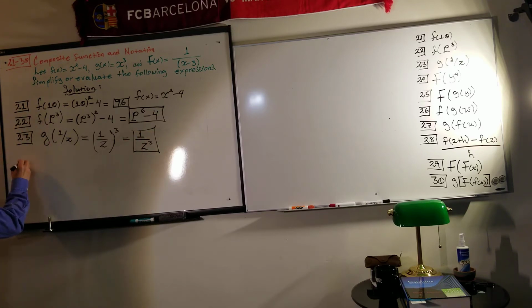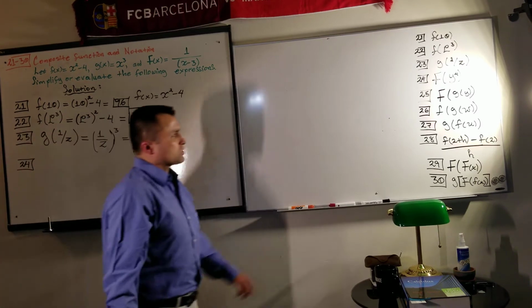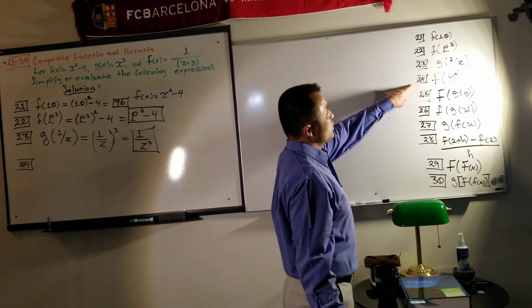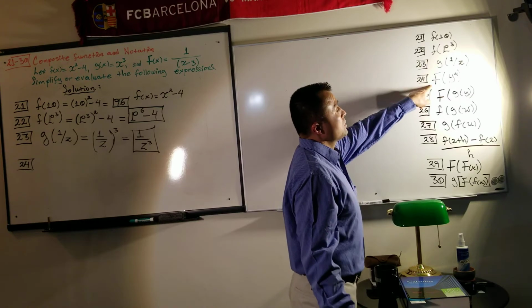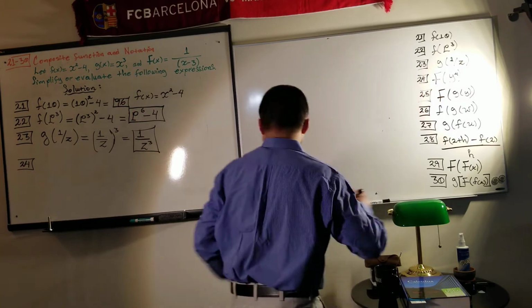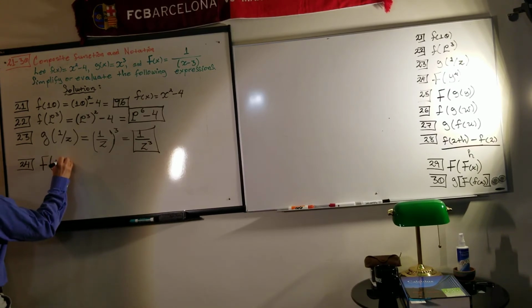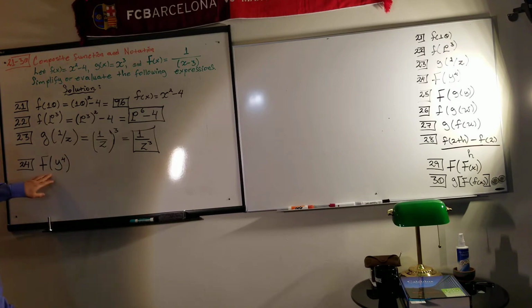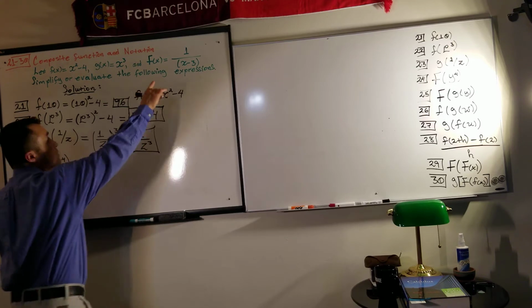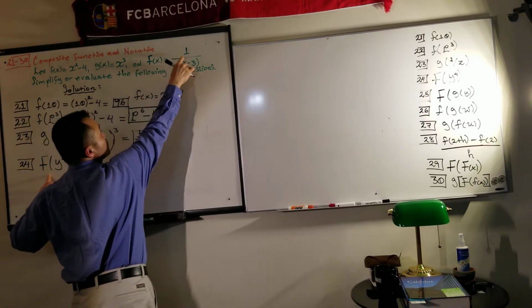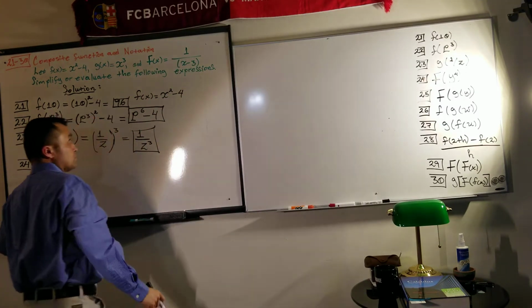Let's find out problem 24. 24 says capital F of y to the 4. Let's identify the capital F function. Capital F of x is equal to 1 over x minus 3.